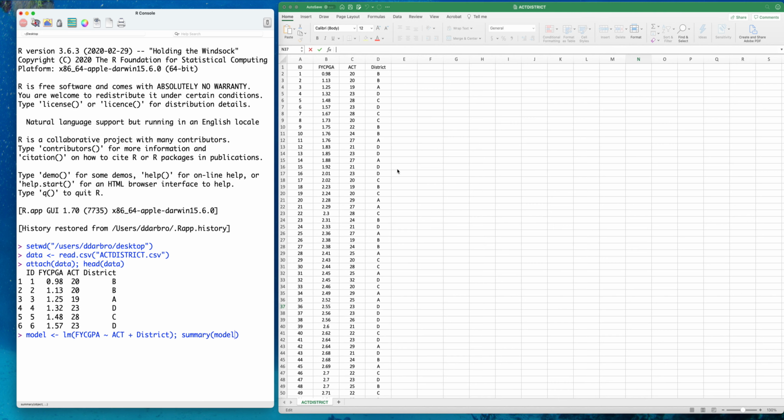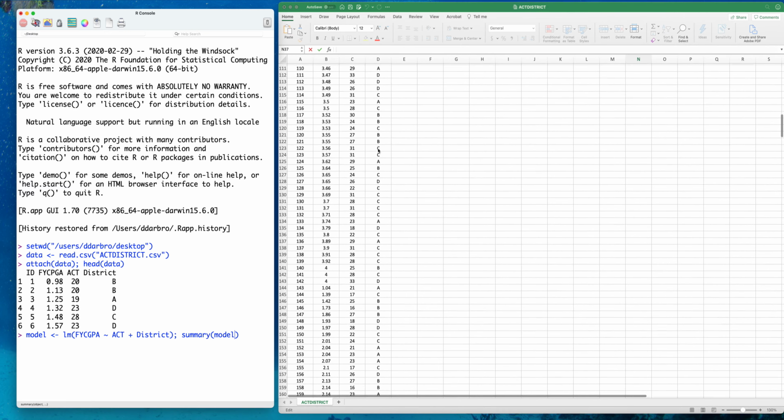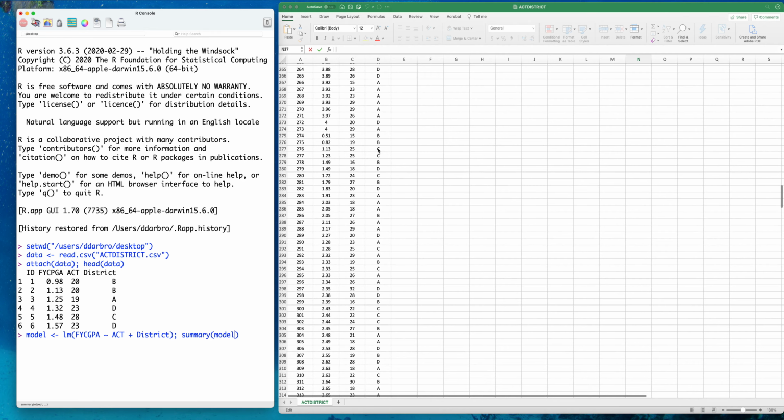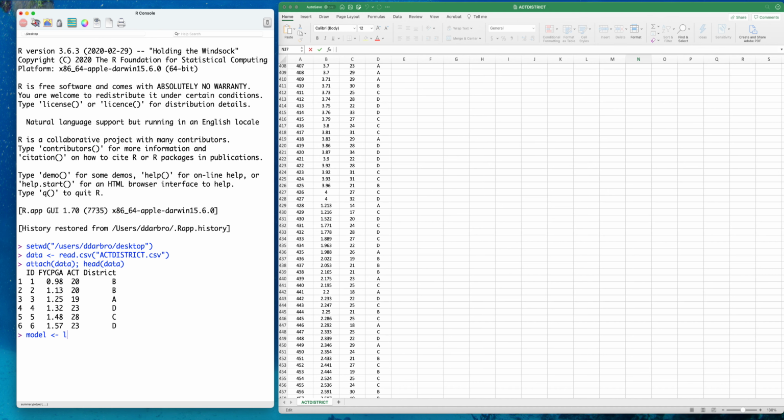Looking at the spreadsheet, we have A, B, C, D, I believe. I think there are 4 school districts. I want to confirm that. So yeah, we have 165 in A and 149 in B and so on. So I have 4 school districts.